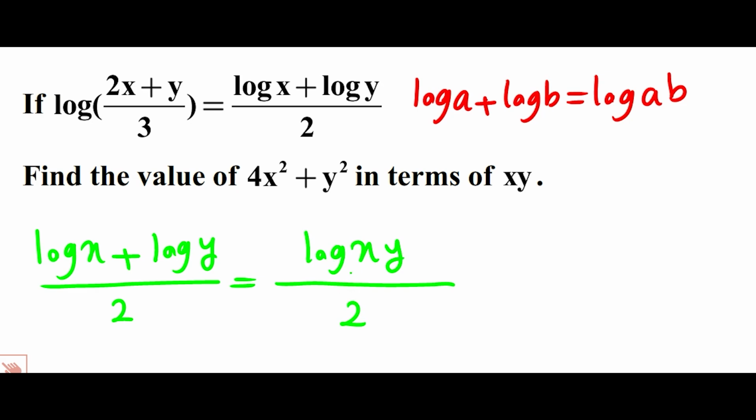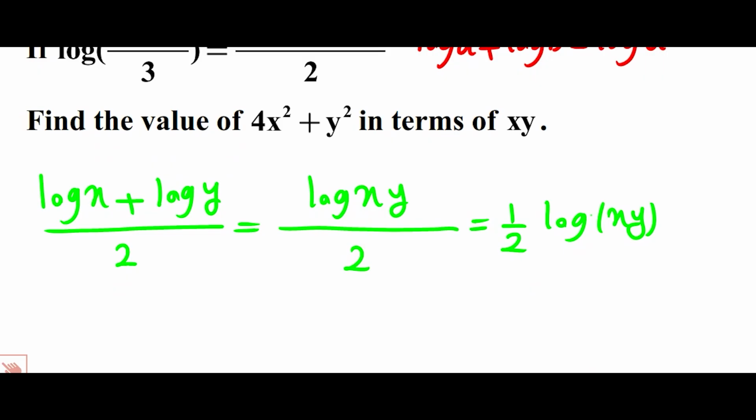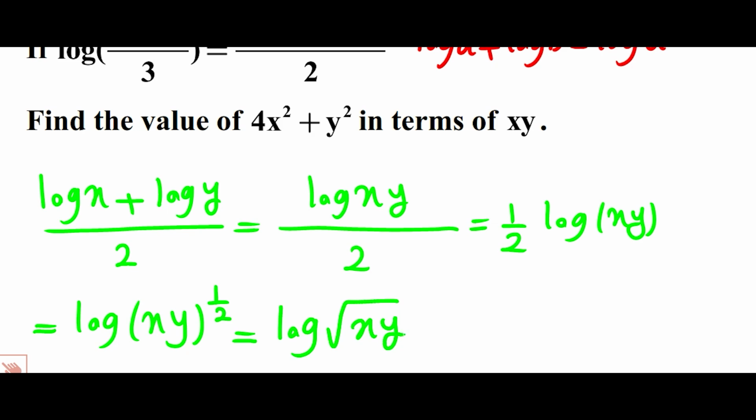Remember, dividing by 2 is the same as multiplying by 1/2, so 1/2 log of xy, and using the power rule that 1/2 goes inside as an exponent, so it equals log of xy to the power of 1/2, which is log of the square root of xy.